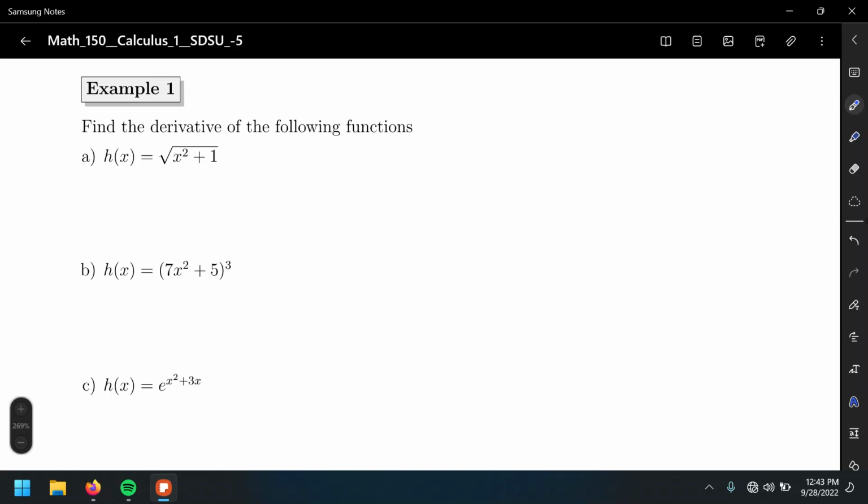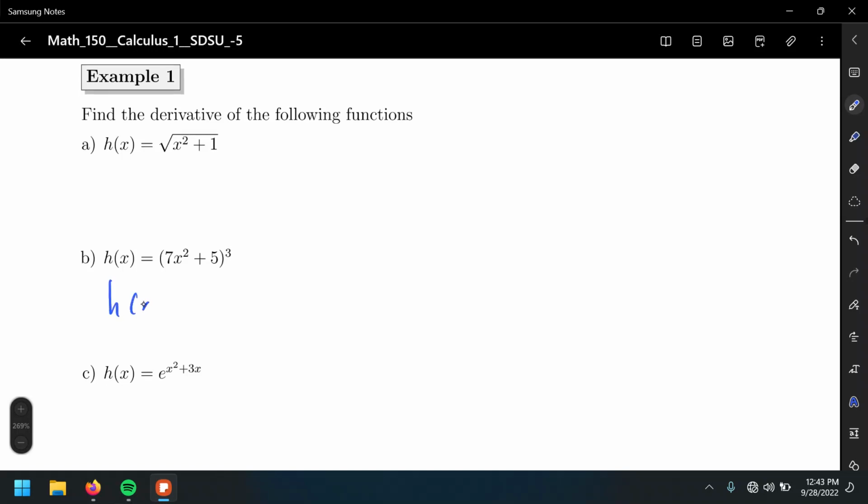Let me put this back in. So we are going to differentiate. So the 3 goes in the front, 3 times something to the 3 minus 1, which is 2. Keep the something inside. And then multiply by the derivative of the inner function.